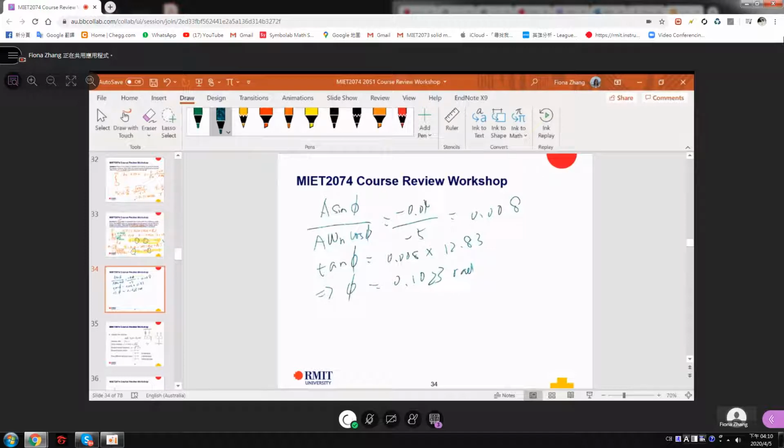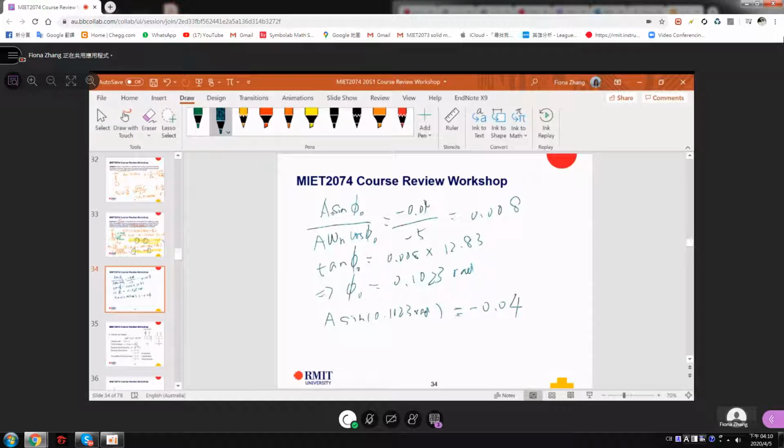After you get phi 0, you can get A. You use A sin phi equal to negative 0.04. When you use the calculator, remember to turn the radians back to degrees, otherwise you will get the wrong answer.